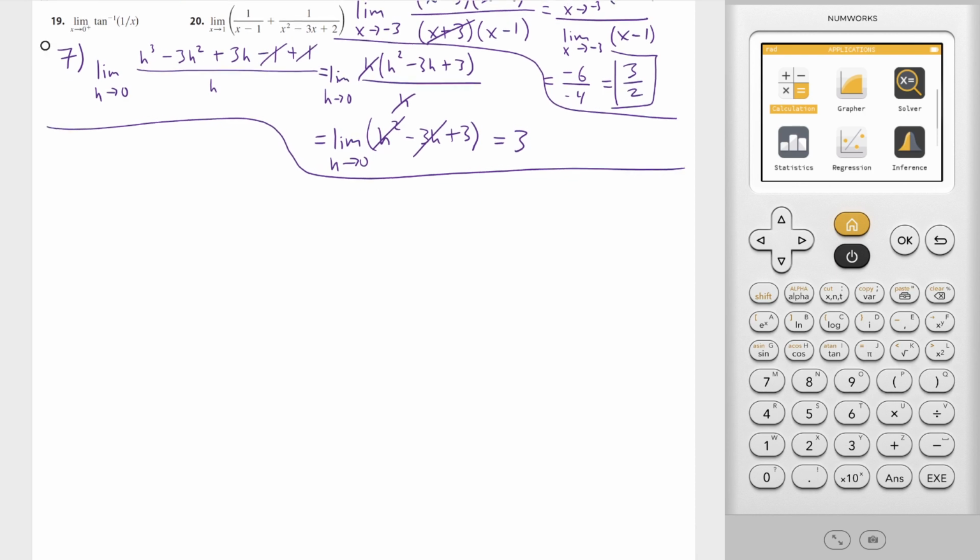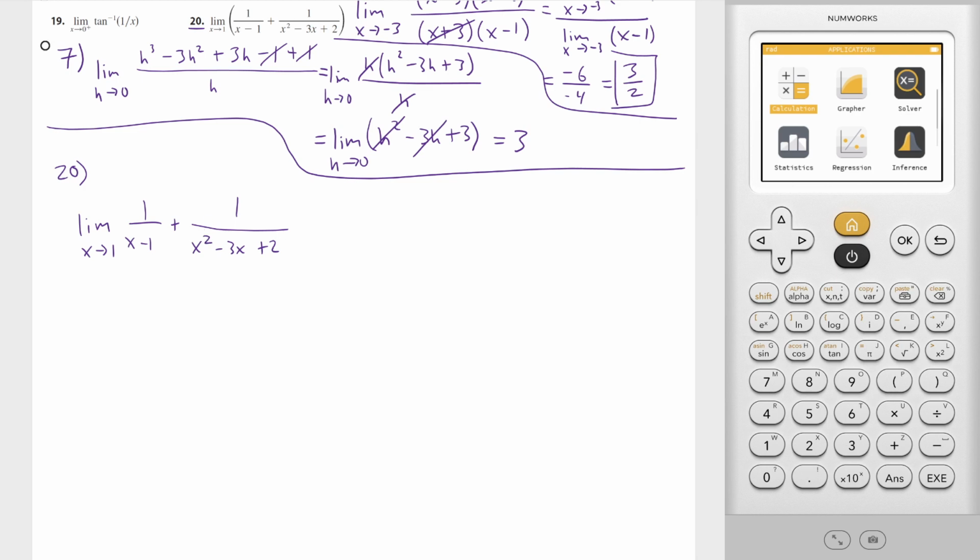And so we're going to do number 20. Number 20 says, find the limit as x approaches 1 of 1 over x minus 1 plus 1 over x squared minus 3x plus 2.